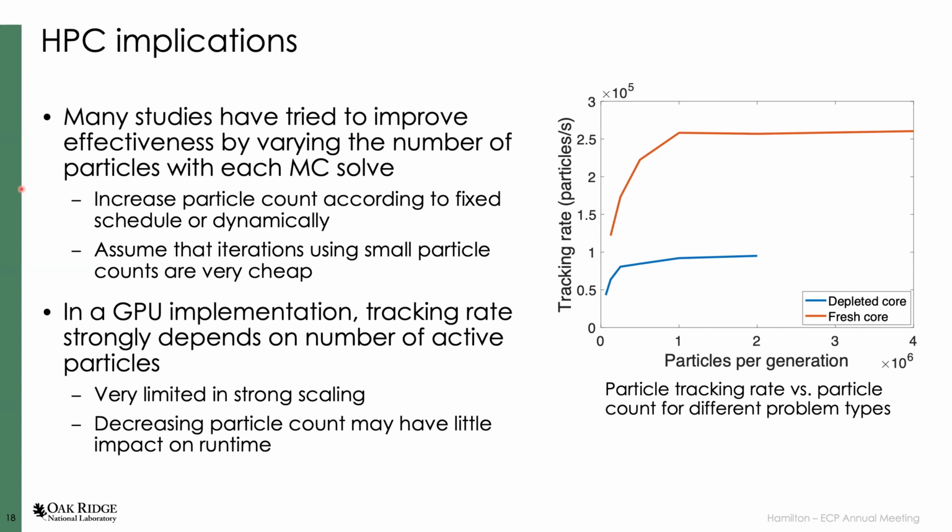So you're not getting the gain in runtime that you might expect by doing some cheap iterations for the first few iterations. And over on the right, I'm showing the behavior that we typically see for particle tracking rate as a function of the number of active particles. We generally have to get up to a pretty substantial number of particles to really get our peak tracking rate. And we tend to run right near this cusp here where we're getting close to our peak throughput.